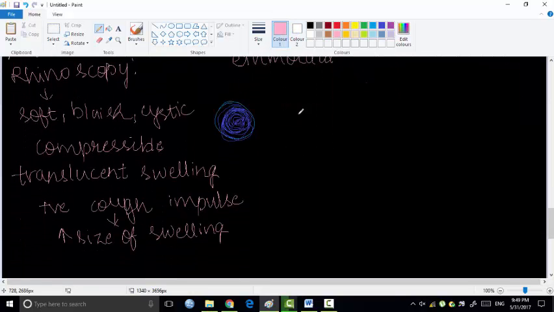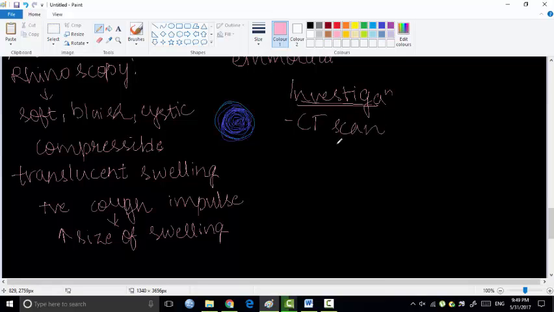Now, what are the investigations which you would suggest the patient to do? One is CT scan or MRI.